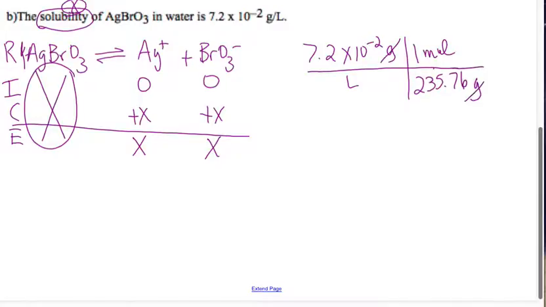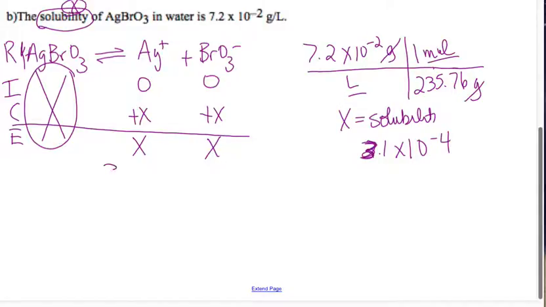So my grams cancel, and this gives me then moles per liter. So let's go ahead and multiply that through to 2 sig figs. What is my X, which is equal to the solubility? 3.1 times 10 to the negative 4. So that's supposed to be our X.